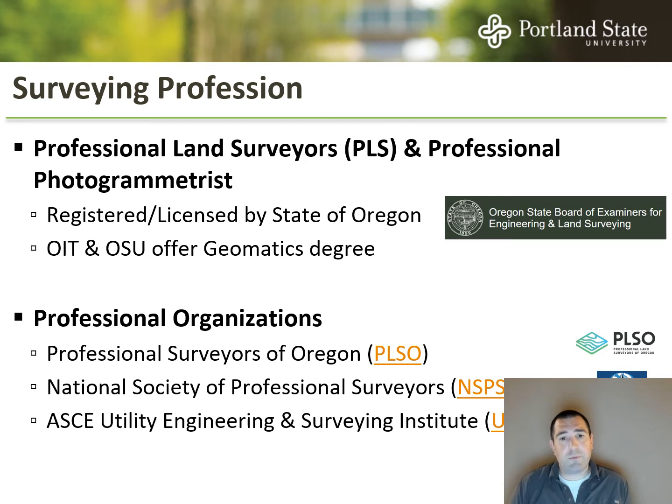To become a professional land surveyor or a professional photogrammetrist, you need to be licensed by the state of Oregon, and they would require a specialized degree or a significant amount of real-world experience and possibly some non-degree coursework as well. Oftentimes there's an on-ramp to some of these licenses if you have a lot of experience, but it's certainly the most common procedure to get a bachelor's degree or an advanced degree to get your license.